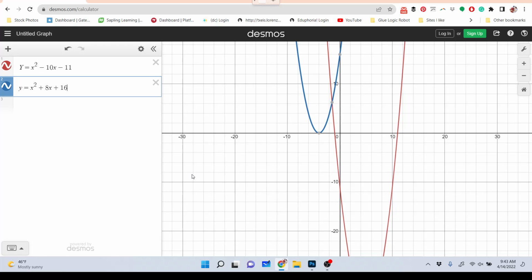What did we get when we solved that one? We got a zero, but what number? Negative 4. So if we look at where it kisses the x-axis, it's at negative 4.